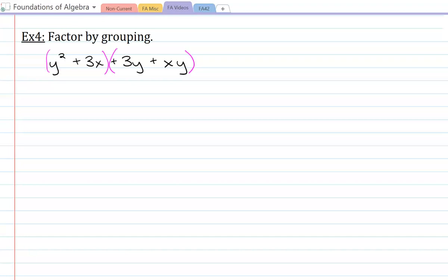Whenever we don't have a GCF, then it is the trivial GCF of 1. And we get y squared plus 3y. And then the GCF of the second pair would be y. But what happens? We get 3 plus x as our leftovers on that one. It's not a common binomial. It doesn't work.